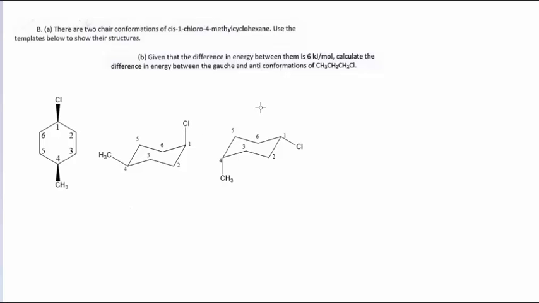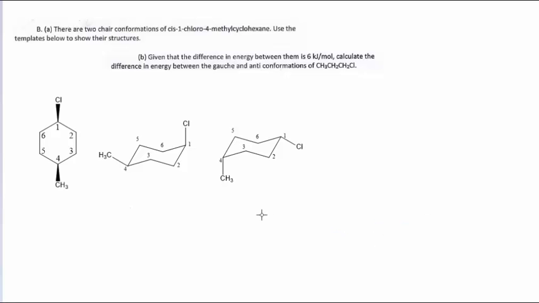Because remember, axial components give 2 gauche interactions with the ring. The methyl gives 2 gauche interactions with the ring for 4 times 2 equals 8 kilojoules per mole of strain. So again, pretty similar problem, but this time we know the energy difference.